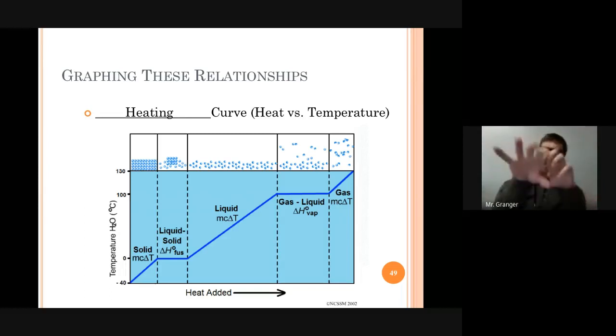And then you've got some particles up above that are scattered out, and that's your gas particles that have vaporized from the liquid. So again, at this flat line, we're still adding heat, but the heat is just being used to break those intermolecular forces in the liquid water and set them free to float about freely as water vapor or as a gas.